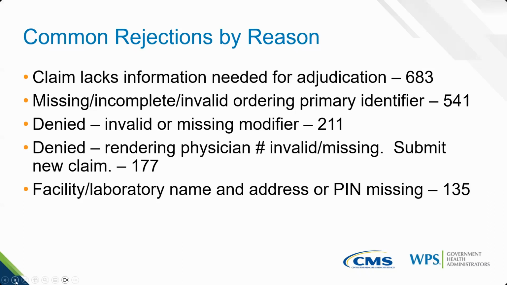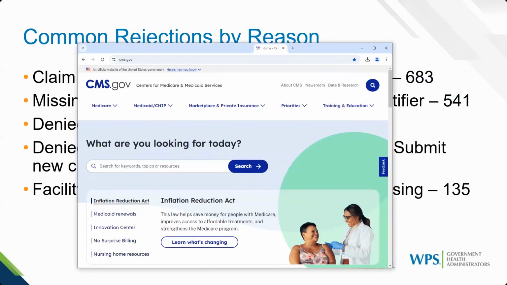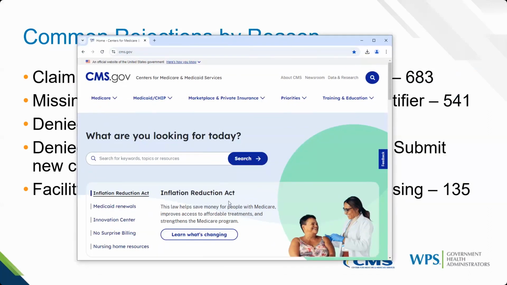Now, CMS in their Internet-only manual, publication 100-04, Chapter 26, provides the claim processing requirements. Let me just pull that up here, cms.gov. And remember, these links are embedded. So I'm just demonstrating some things throughout the program today that you'll be able to come back to later, because all of these resources are included in your presentation material.